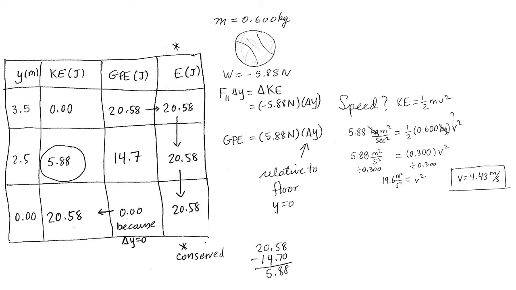If I tell you some intermediate distance or some intermediate height, you can figure out how high it's going to go by reversing the arrows. In other words, if I tell you at some intermediate height like 2.6 and nothing else, if I give you kinetic and potential, then you go to the right and then you go up and you go down in the fourth column and you just work from there.